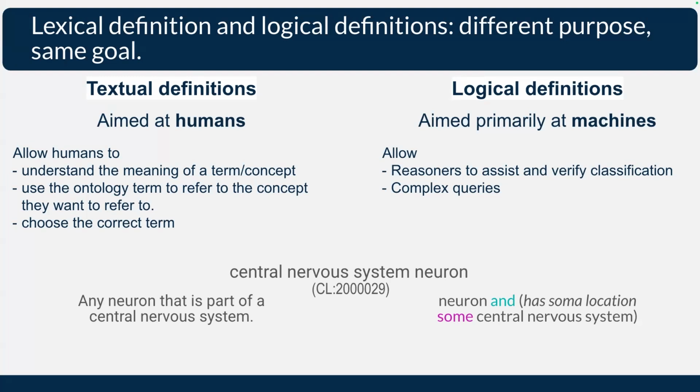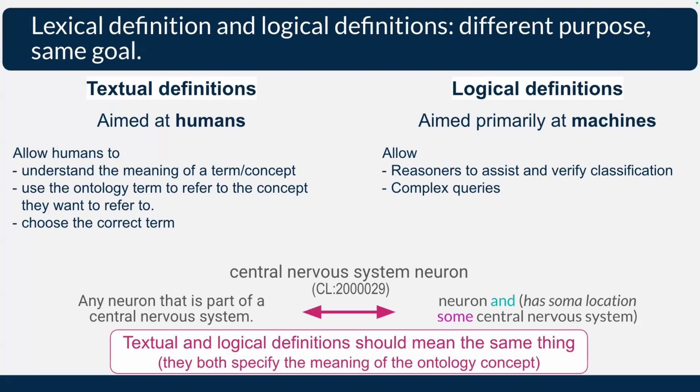So the textual definition and logical definitions are both definitions. Therefore, they need to say the same thing. That is, the textual definition and the logical definition of the same term need to mean the same thing, since they are giving the concept meaning of the term.